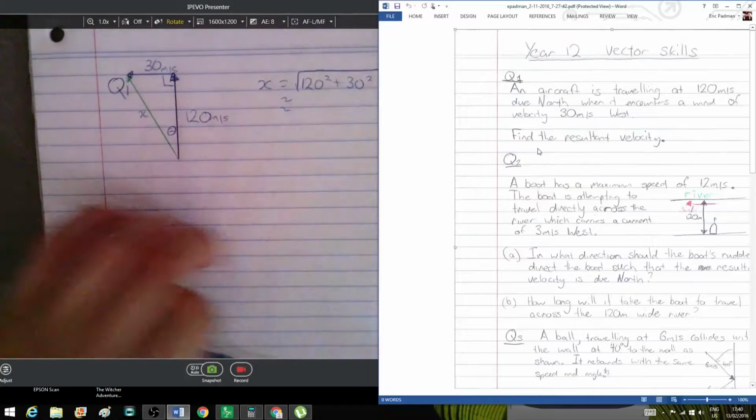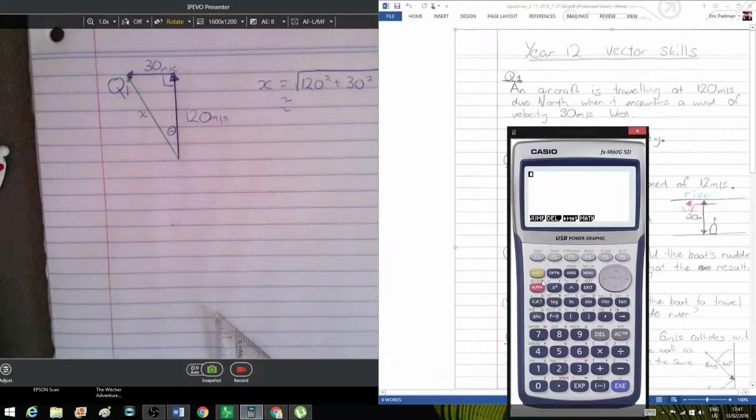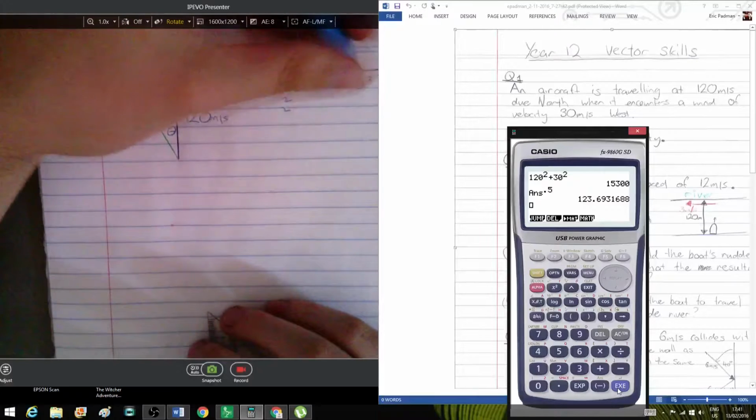Okay, and bring up my calculator. 120 squared plus 30 squared, and the square root of that.